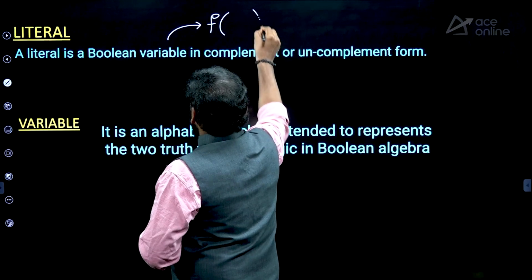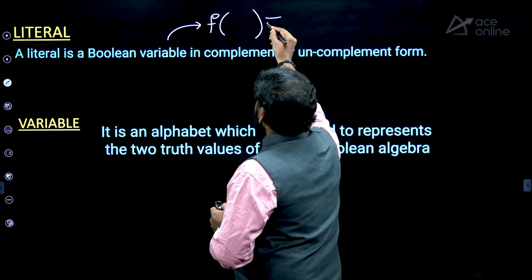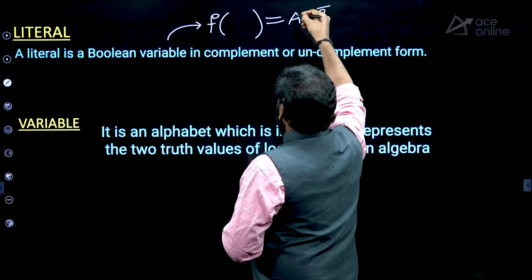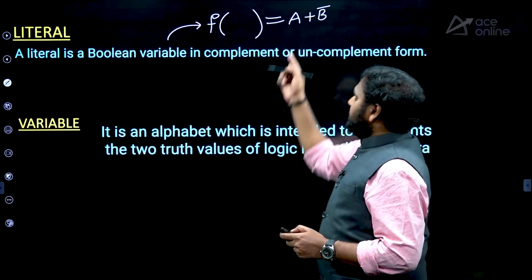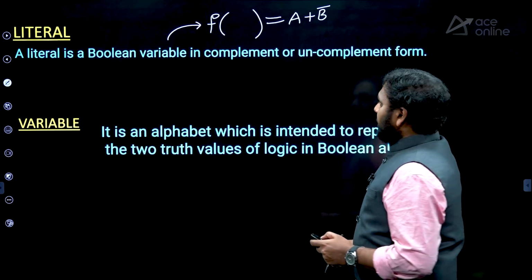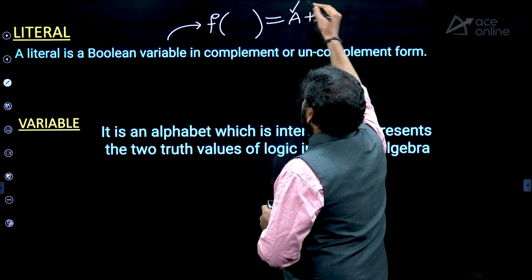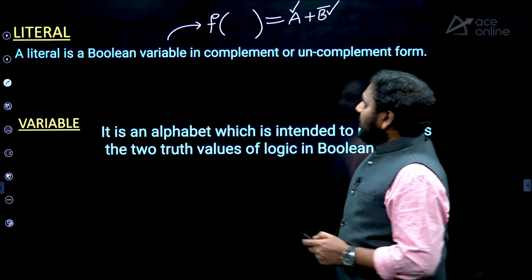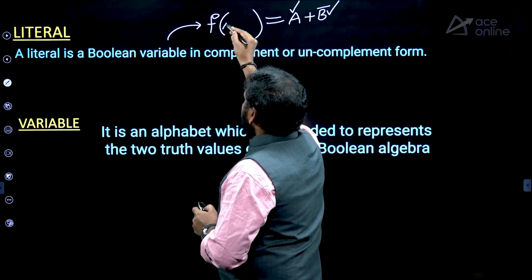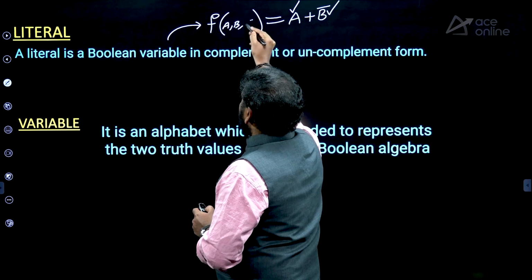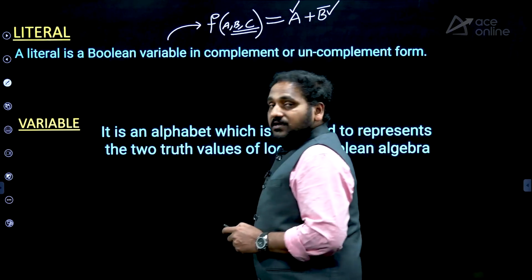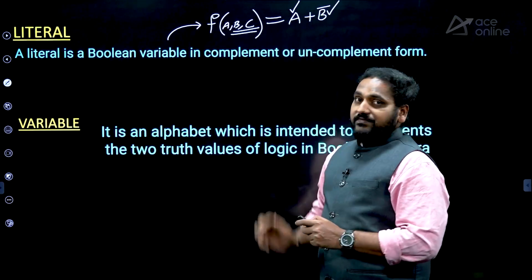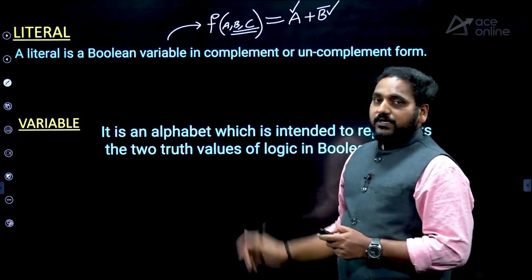Whatever may be the number of variables of this function, if in the result you find something like a plus b bar, there is no chance of minimization for this expression. Here a is a literal and b bar is a literal. So there are two literals. And here we are representing the variables. It may be a 2 variable function or 3 variable function, whatever. The entire function will depend on these 3 variables, like inputs or sensors, input lines.